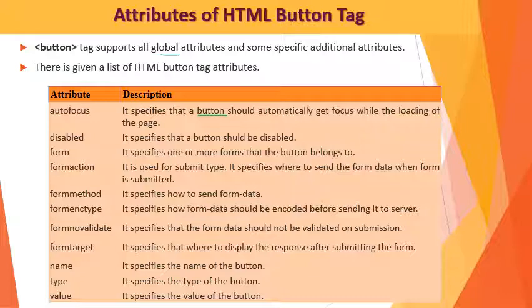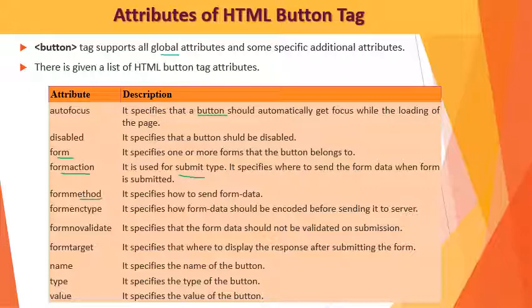Then disabled, it specifies the button should be disabled. The next is form. This will specify one or more forms that the button belongs to. Then formaction, it is used for the submit type, and it specifies where to send the data when the form is submitted.